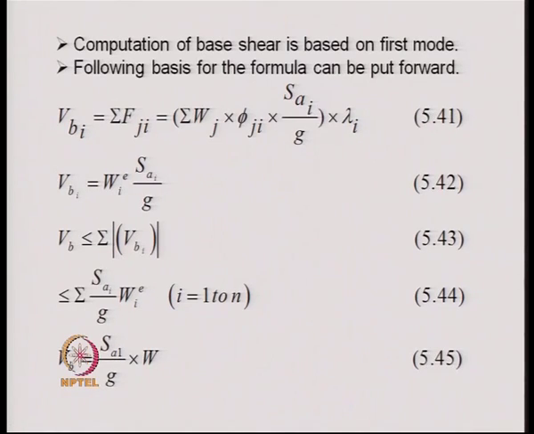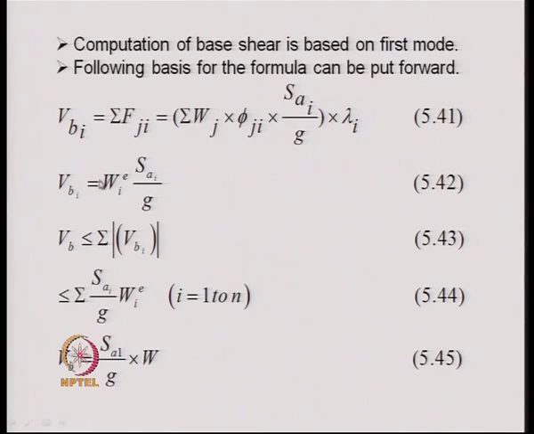Here lambda i is the ith mode participation factor, and SAi denotes the spectral acceleration corresponding to the ith mode. Now, V_Bi can be written as W_i* into SAi by g.